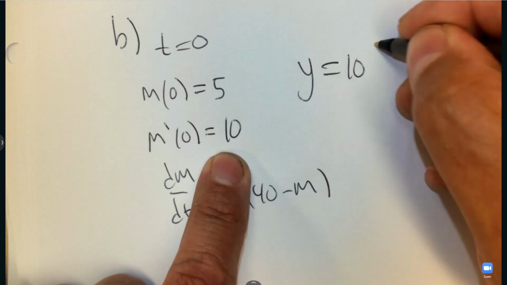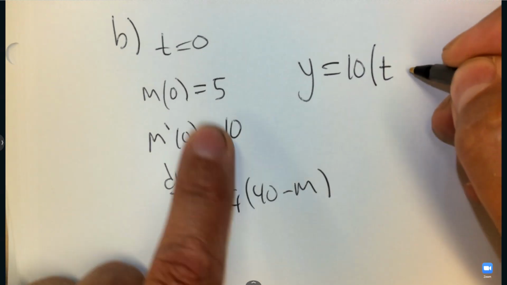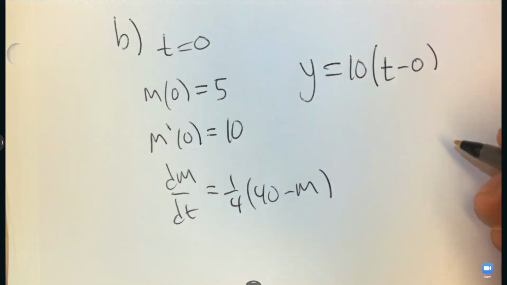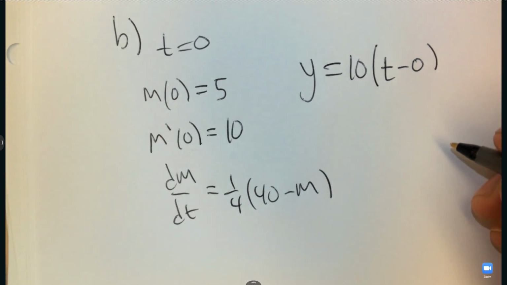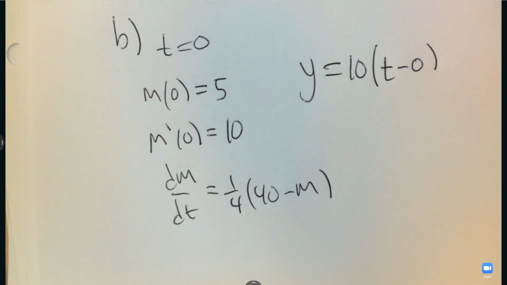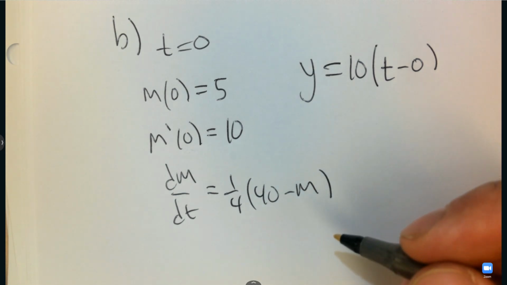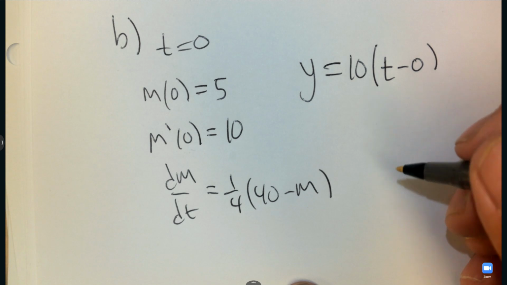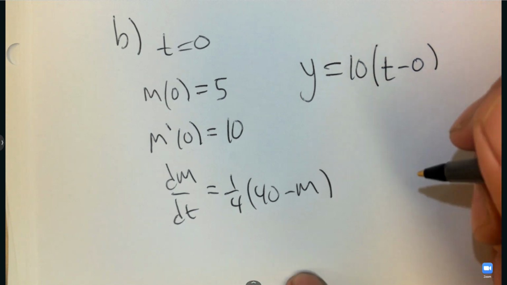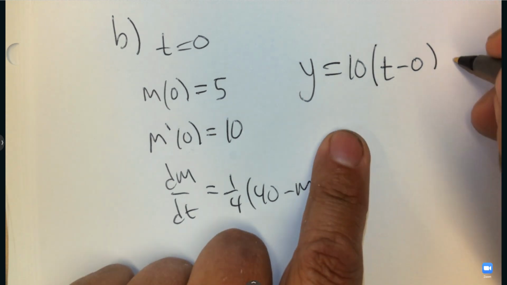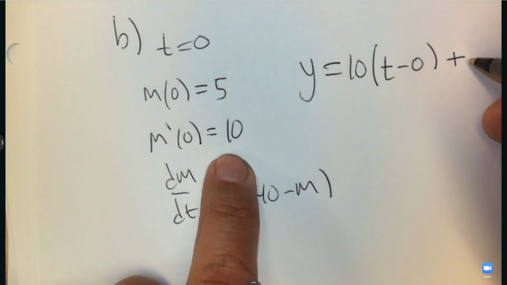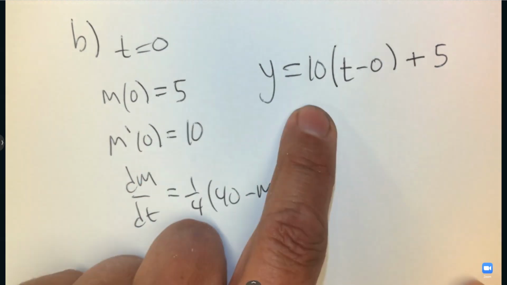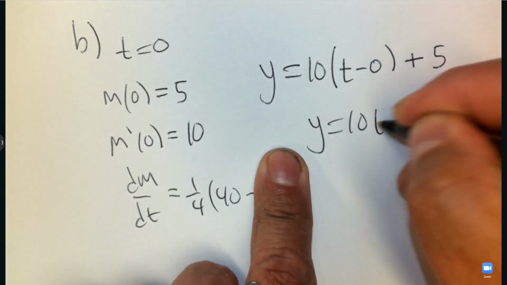So the slope is 10, and then it's t minus 0, and then plus 5. So that's really just this.